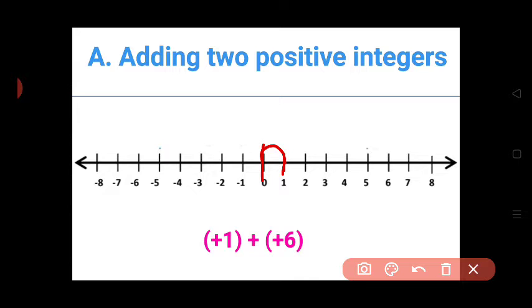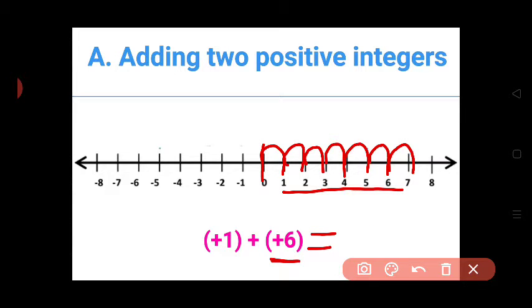Now the second addend is +6, so continue moving 6 units towards the right, starting from 1: 1, 2, 3, 4, 5 and 6. So we move 6 steps from 1 to 7.